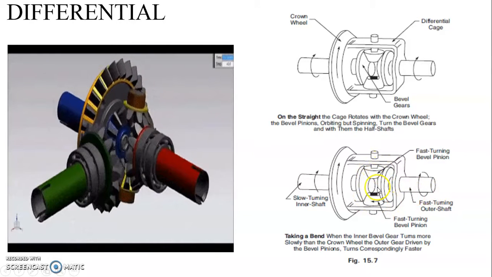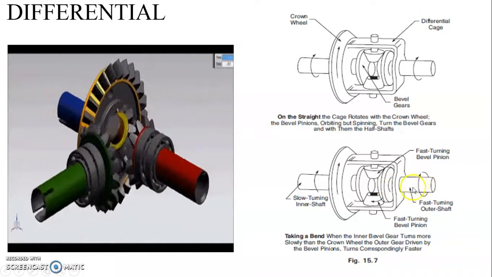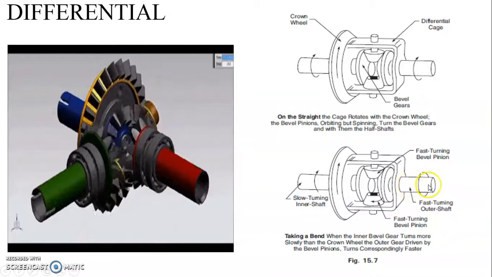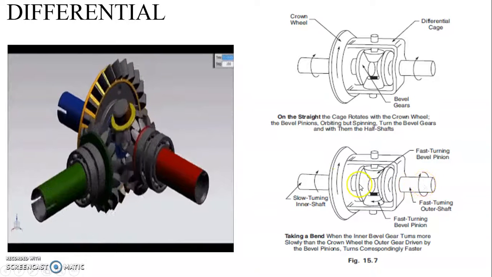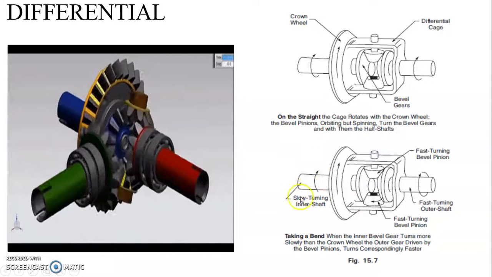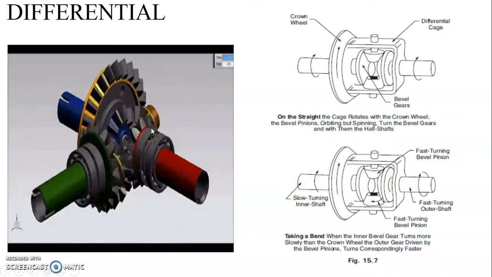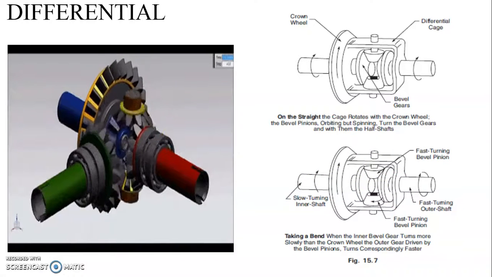Because of this arrangement, more power is transferred to the fast turning outer shaft, and less power or slow speed will be driven to the inner shaft. Okay, this can be achieved due to this arrangement. Here you will observe the inner details of the differential.